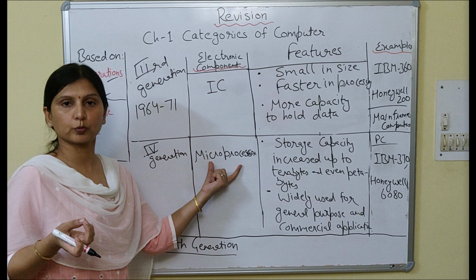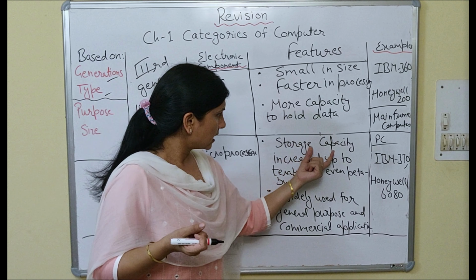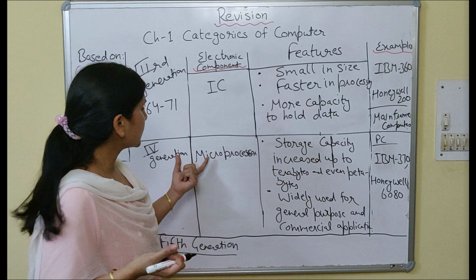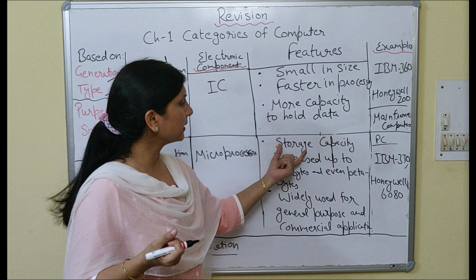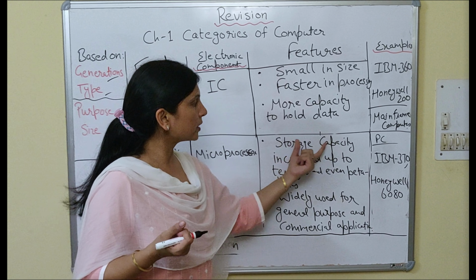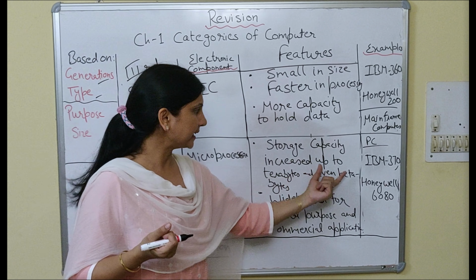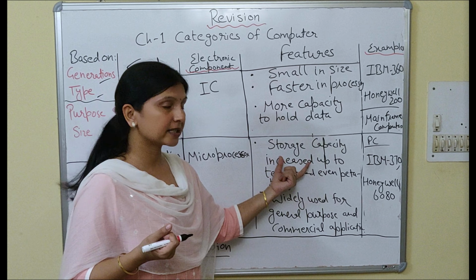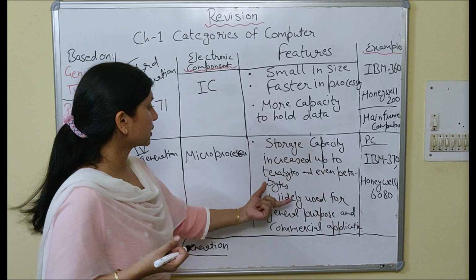This is a microprocessor. Due to this microprocessor, obviously the speed of the fourth generation computer was faster as compared to the third generation. Other features: storage capacity increased up to terabytes and even petabytes, very high as compared to the third generation.